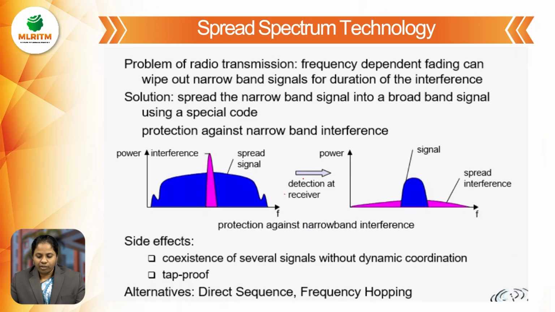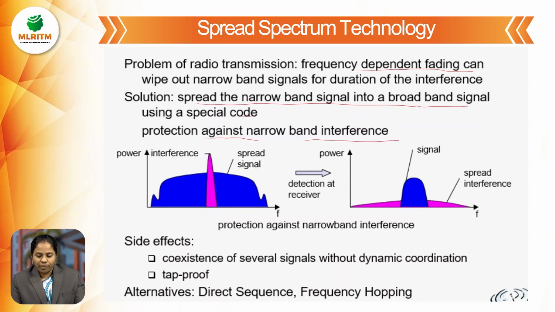The problem of radio transmission is that frequency dependent fading can wipe out narrowband signals for the duration of the interference. The solution is to spread the narrow bandwidth into a broadband signal using a special code.